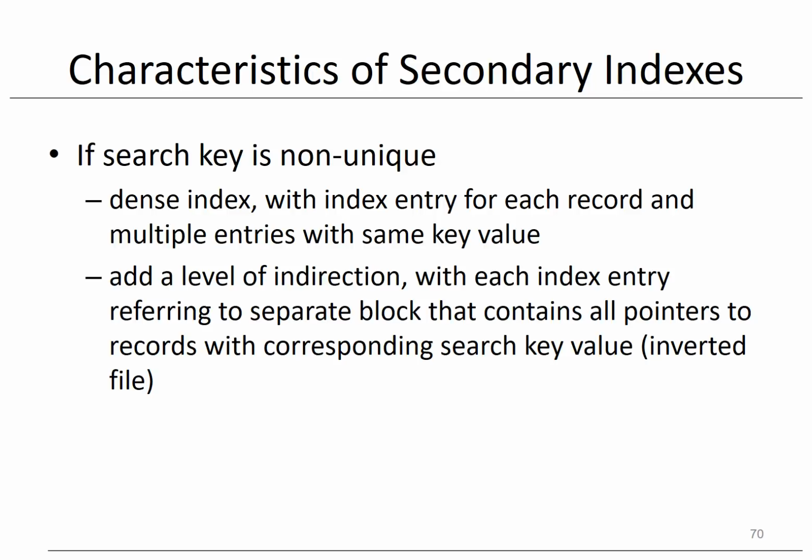One option is to have a dense index, with an index entry for each record and thus multiple entries with the same key value. A more widespread alternative is to add a level of indirection, with each index entry referring to a separate block that contains all pointers to records with the corresponding search key value. In that case, we speak of an inverted file as discussed in the next section.